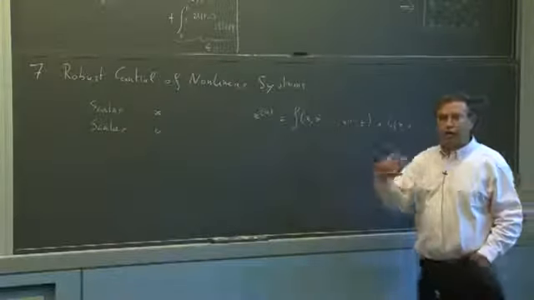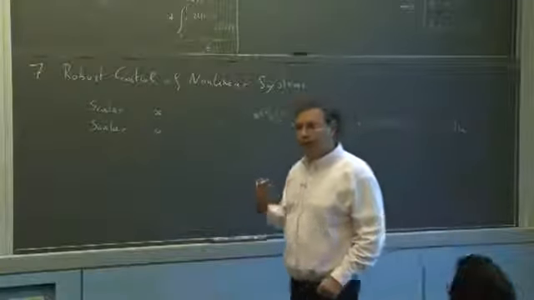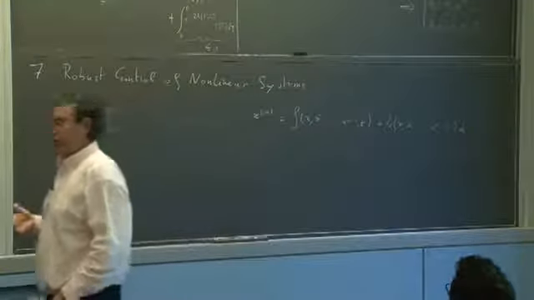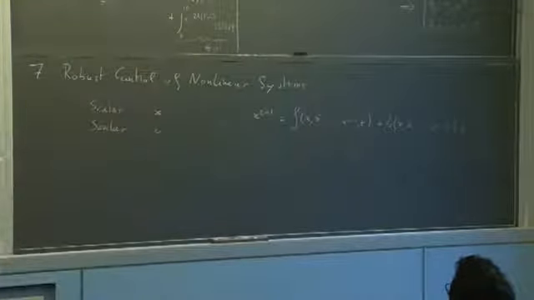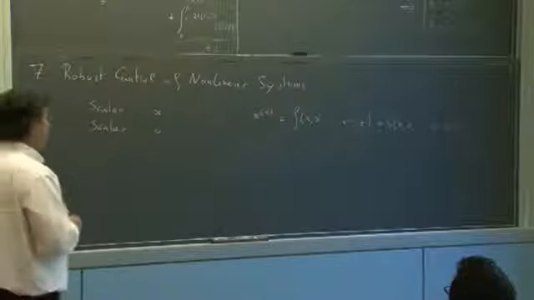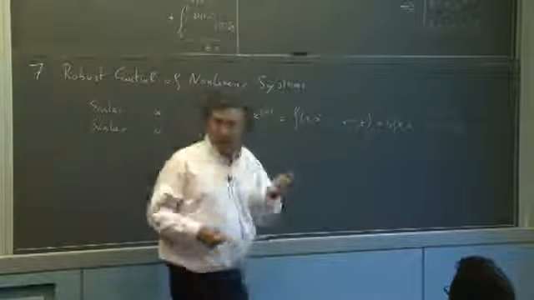And apart from being scalar systems and single input systems, what's one of the main special things about these systems? Why is this not any n-order system? Well, we'll come back to that in a sense.